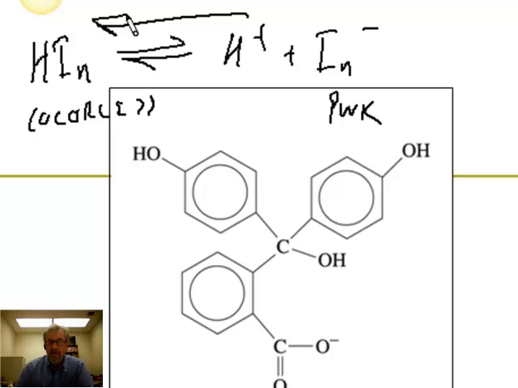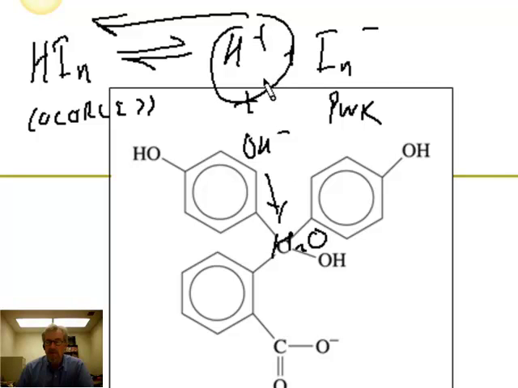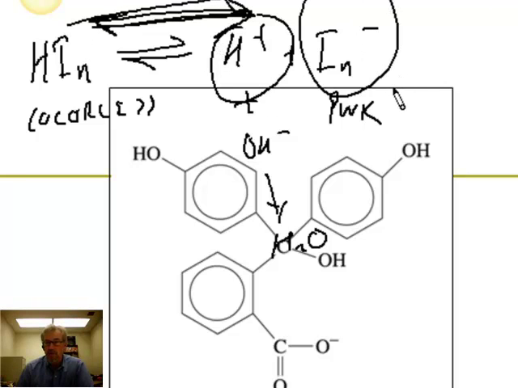And so you would see the colorless HIN. If OH minus predominates, then that means OH minus is going to react with this H plus, and it's going to make water. But that removes H plus from the system, and the Le Chatelier response is to shift this system to the right, and that'll produce more IN minus, which is the pink colored stuff, and then you'd see that color.